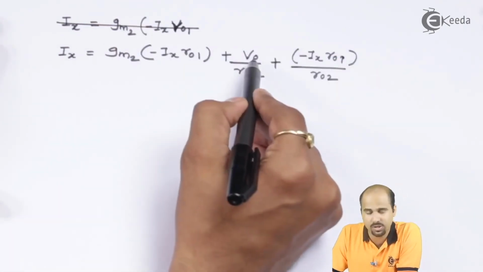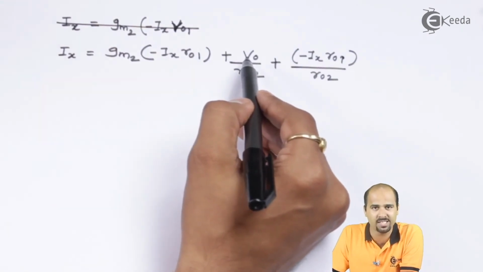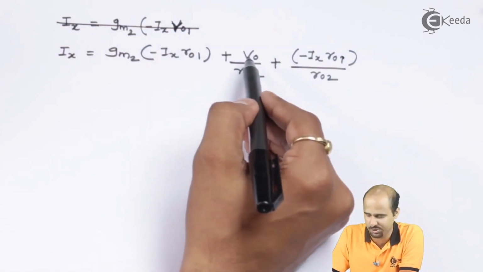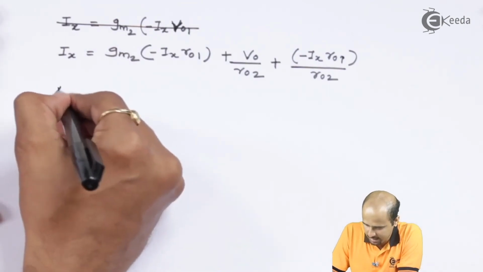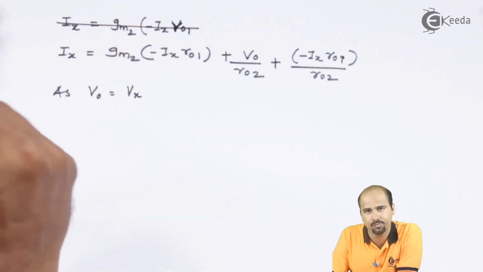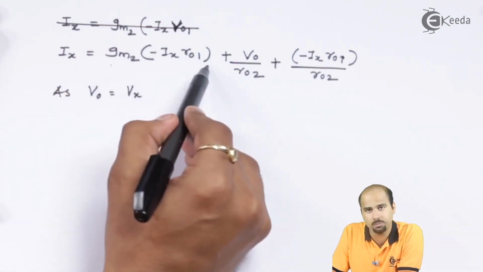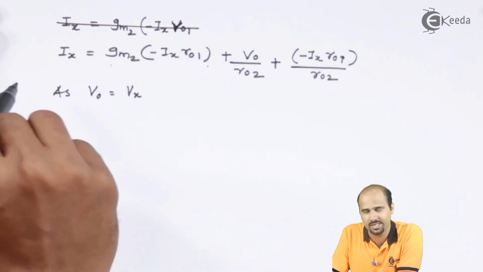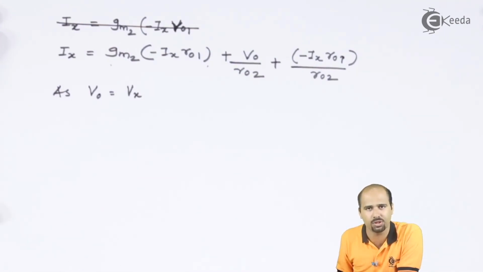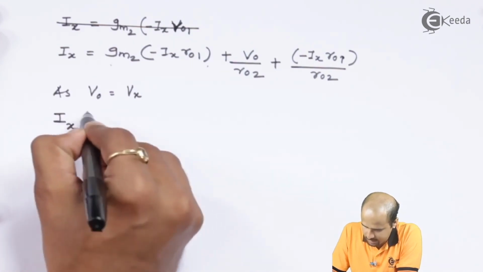Now it's a simple calculation. Ix, and this Vo is nothing but Vx. I want the ratio of Vx and Ix, that is my aim to calculate the output resistance, right? So I can say that Vo is equal to Vx. We take all the terms of Ix on the left hand side so that we get the complete equation in the form of Ix. So we take the common term Ix.